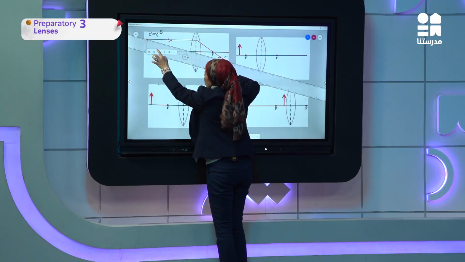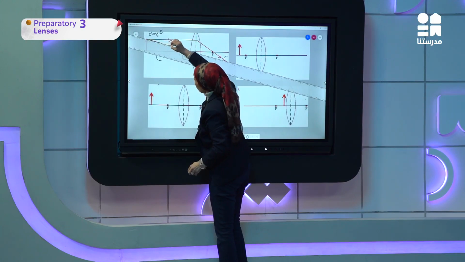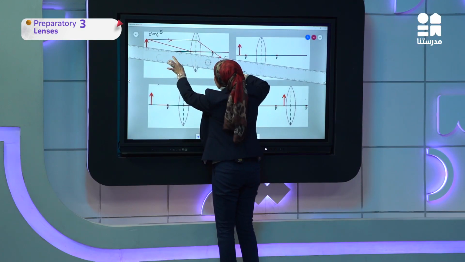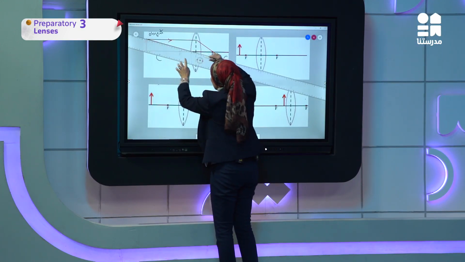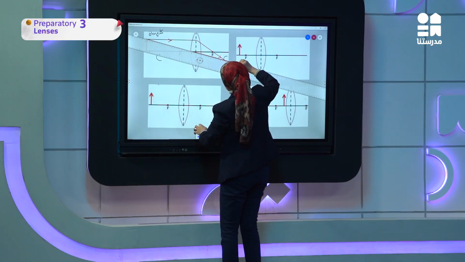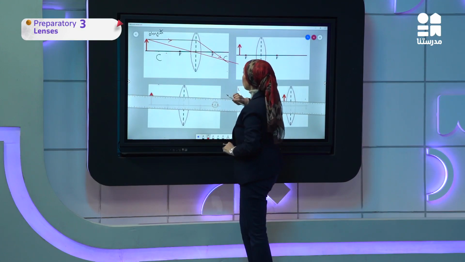It actually needs to be accurate in doing this type of drawing. Passing by the center of the lens here, until the two rays intersect, and they appear. So here is my image.